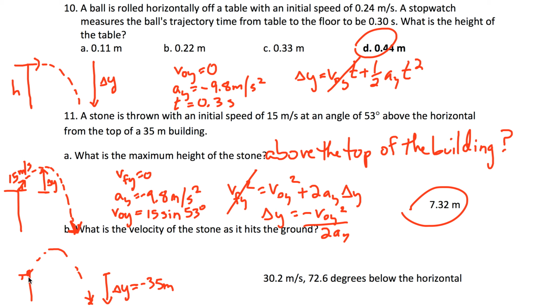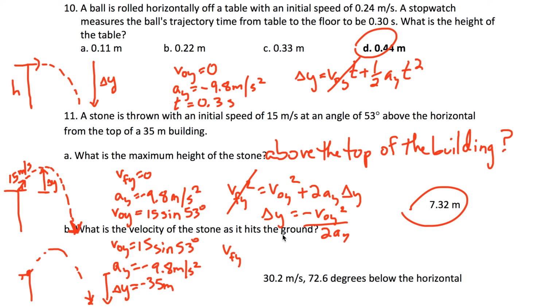So by considering these points of the problem, this is the beginning point, this is the ending point, I'm going to have enough variables. In the y direction, I also have my v initial y, same as before, 15 sine of 53 degrees. And I also have my ay, same as before, negative 9.8. So again, I have three variables in the y direction. This will allow me to find v final y.